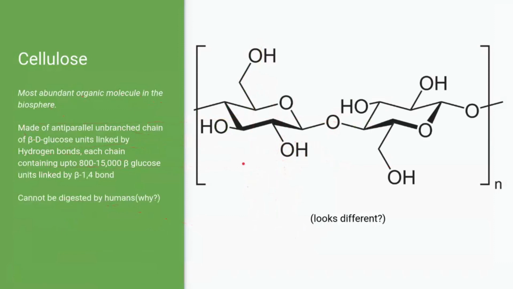It's kind of like a weak force of attraction, like van der Waals forces you might have studied before. It can contain from 800 to even more than 15,000 beta glucose units, and sadly they cannot be digested by humans.